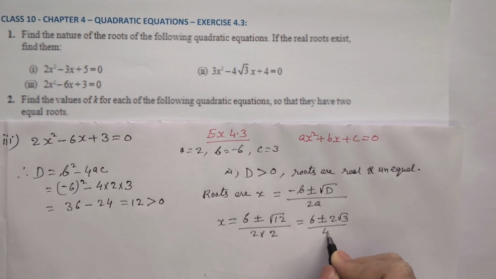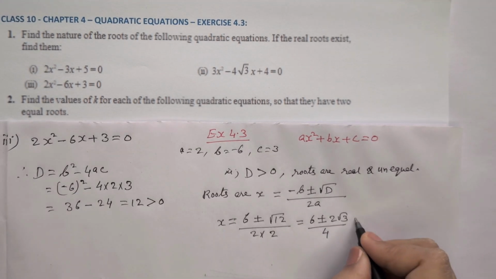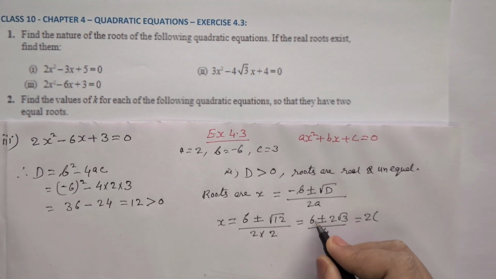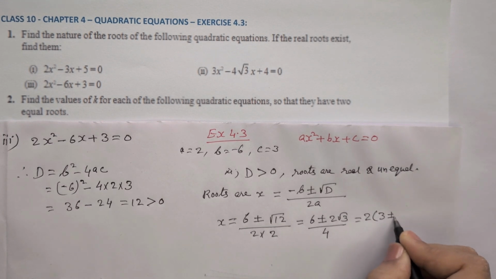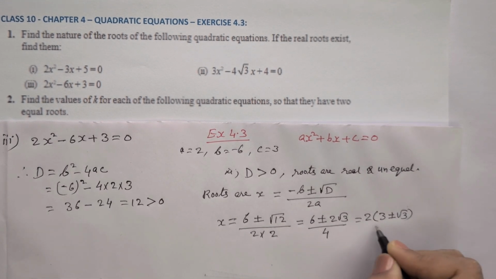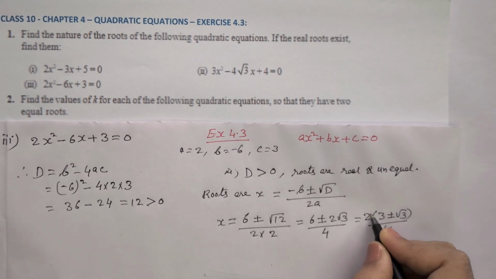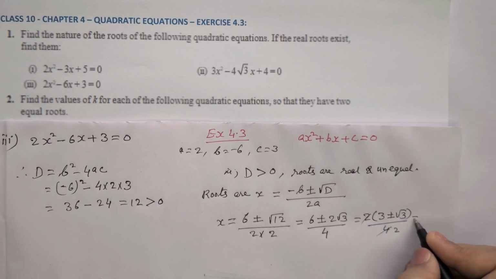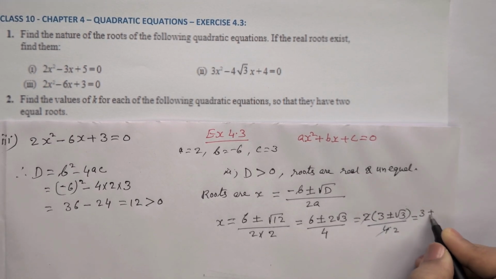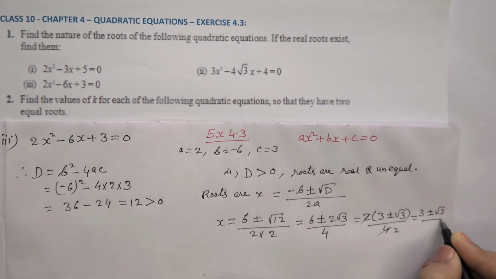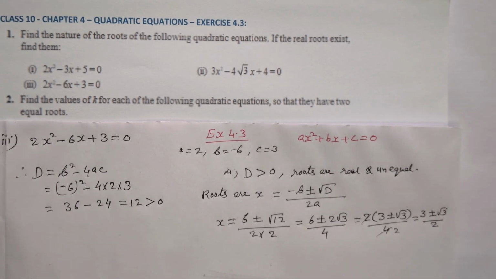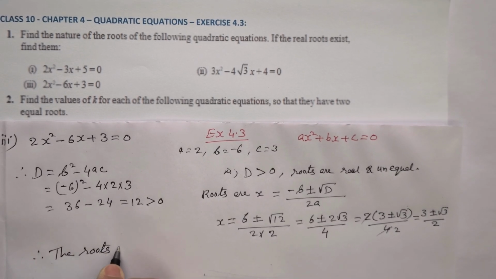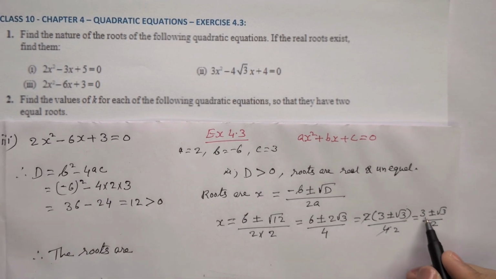by 4. From here we can take 2 as common. Then remaining 3 plus or minus √3 by 4. Here 2. So this we can write as (3 ± √3) by 2. So we can write, therefore the roots are, first one we have to take with a plus sign, (3 + √3) by 2.